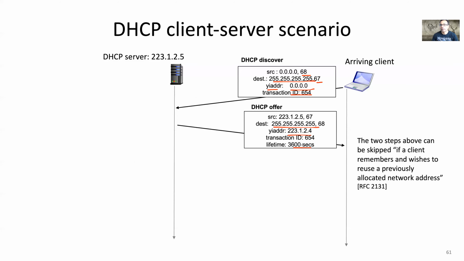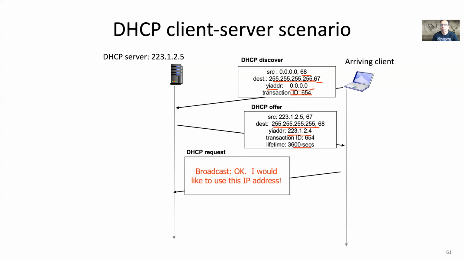Potentially, and in fact almost always, there are multiple DHCP servers. Typically, when we are relying on servers to do something important, the normal convention is to have redundancy, right? You've already seen that with DNS. We don't just have one authoritative DNS server.